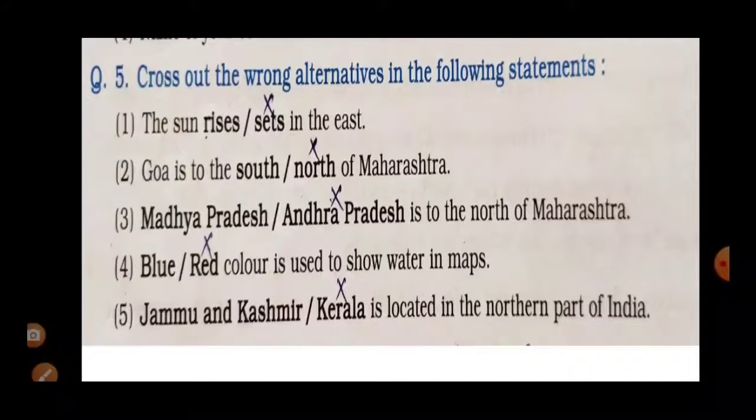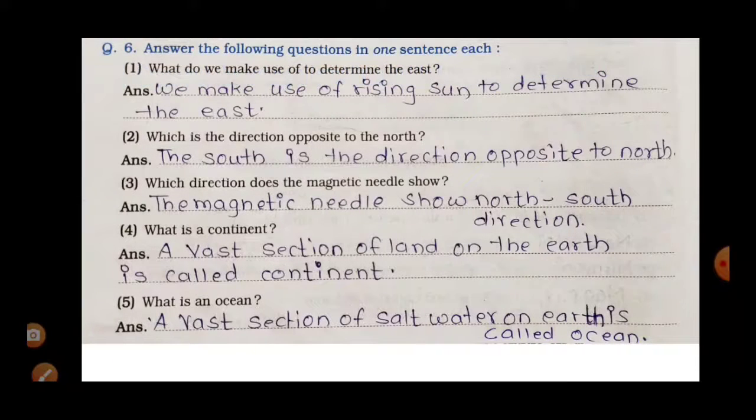Andhra Pradesh is the wrong word. Number 4. Blue or red color is used to show water in maps. Red is the wrong word. And last, that is number 5. Jammu and Kashmir or Kerala is located in the northern part of India. Here Kerala is the wrong word.